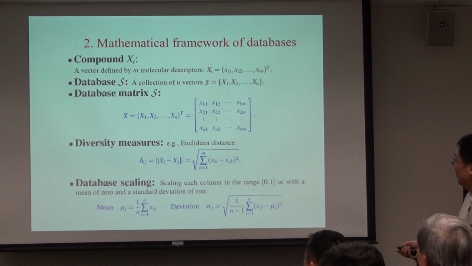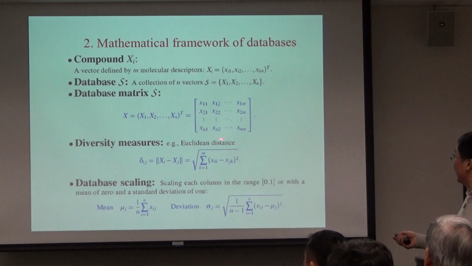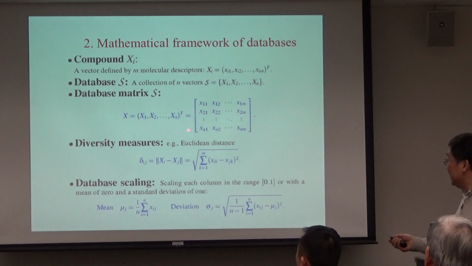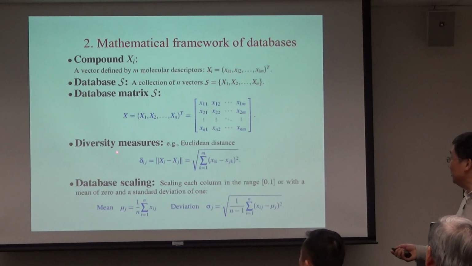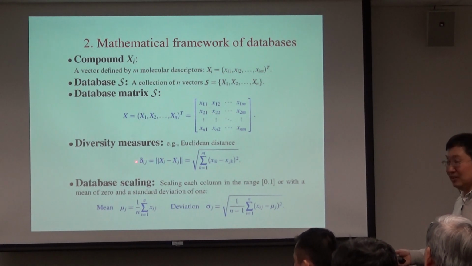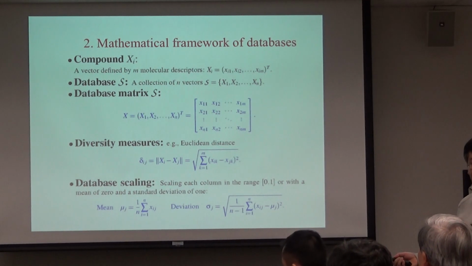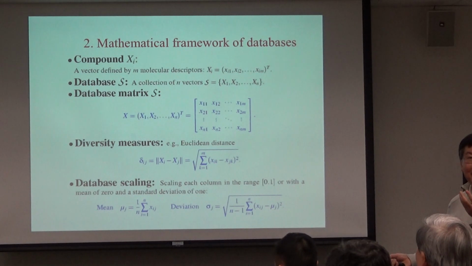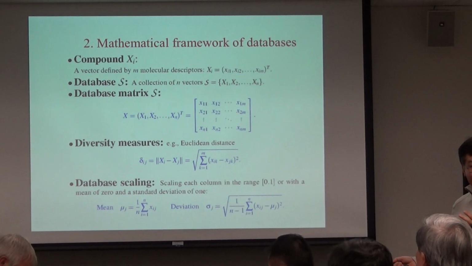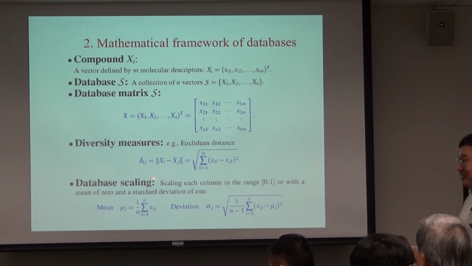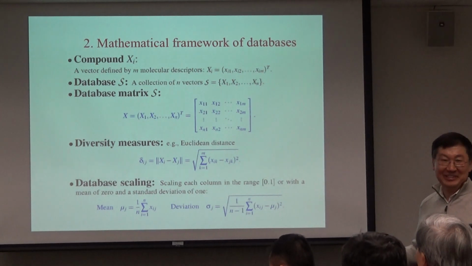Okay. So after we have this database, we have to introduce what we call the diversity measure. This depends on the so-called vector norm. I think in the literature they have many different definitions of norms, particularly designed for databases. In my research, I simply use Euclidean distances.